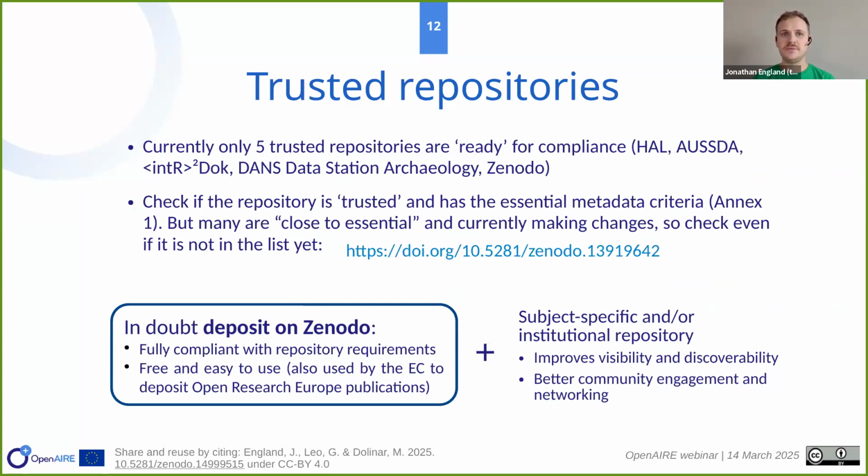So in doubt, what I would say for you in practice is go for something that is really easy. Deposit on Zenodo just to be compliant, and then do that extra step of depositing on something that is, let's say, more useful, more visible within your own community, whether it's your institutional repository or a subject-specific one. Just Zenodo would be to be compliant, and the rest would be to gain more visibility.